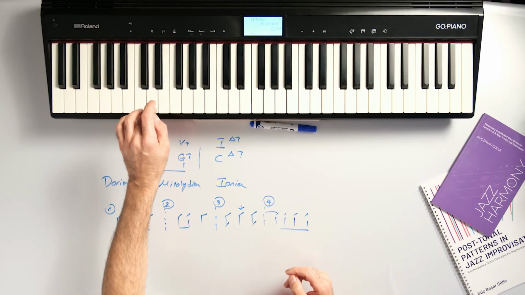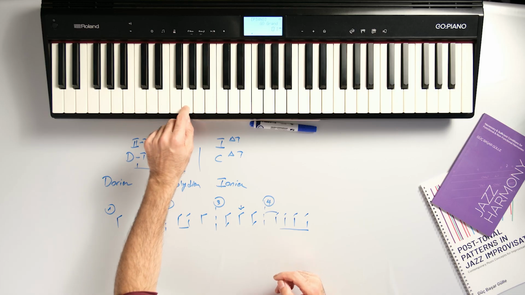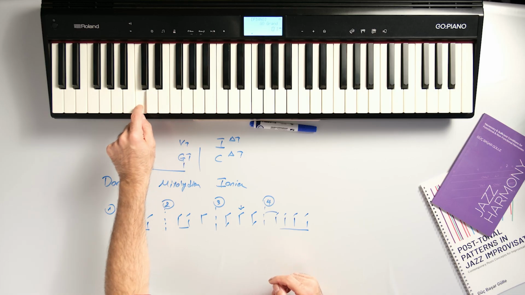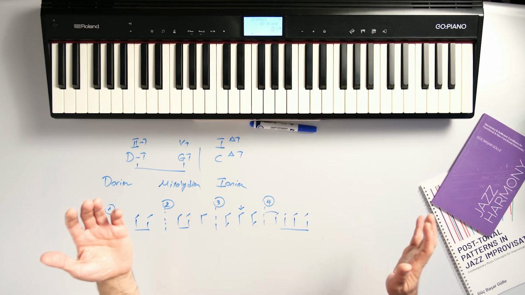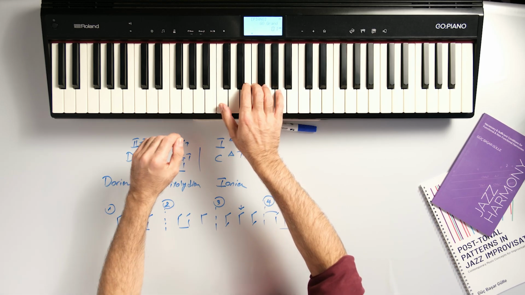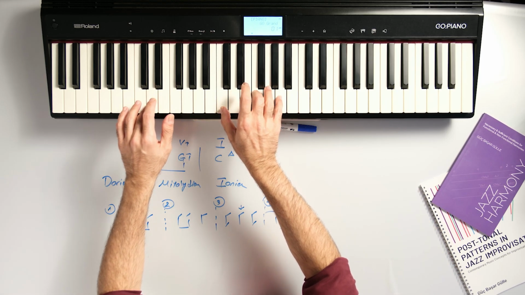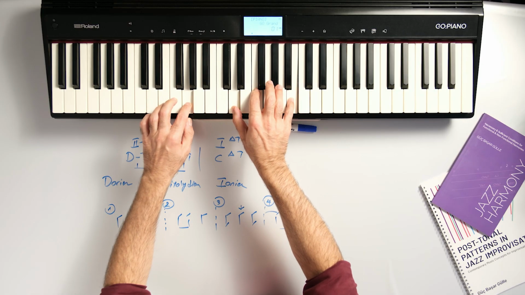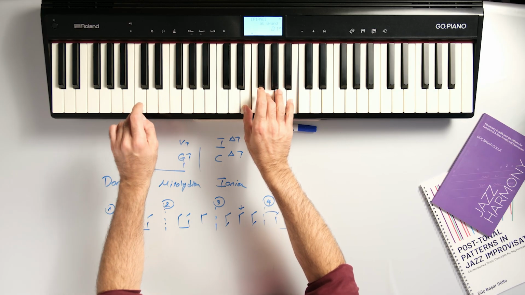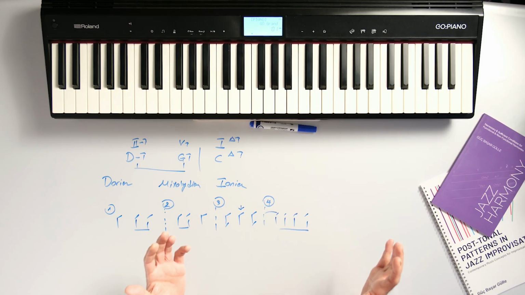And what about the root? When you apply this rhythmic structure just to the root, we have this. This is 2-5-1, right? And let's add chords for that progression. Very clear.